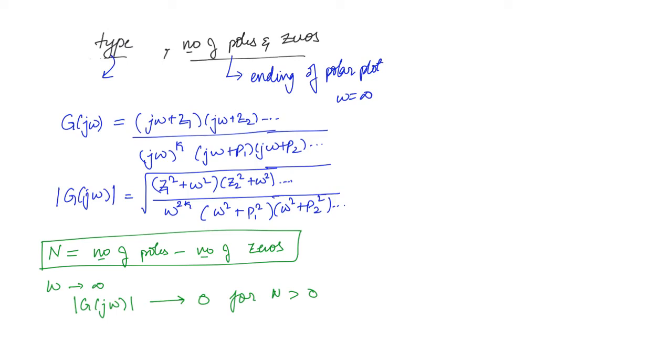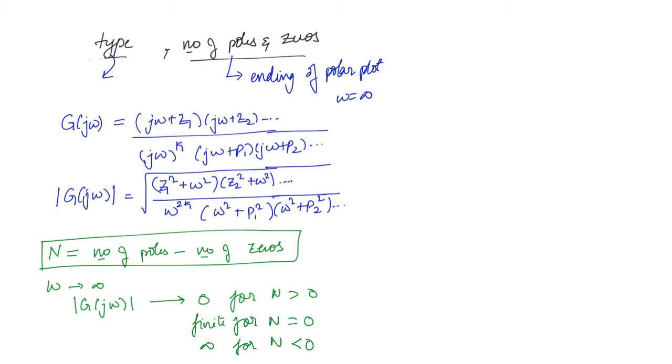And for n equal to 0, that means the number of poles is equal to the number of zeros, you will get some finite value, but not 0. And for n less than 0, that means the number of poles is less than the number of zeros, the magnitude will become infinite. So these are the three cases.